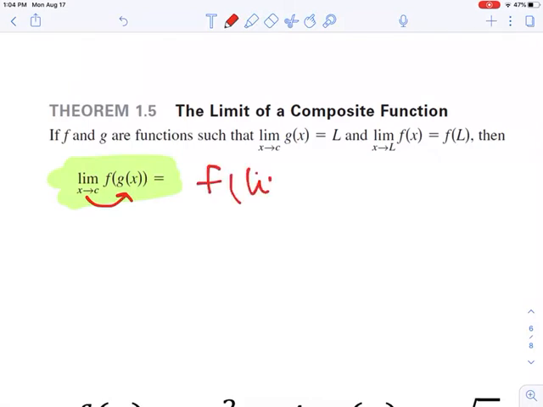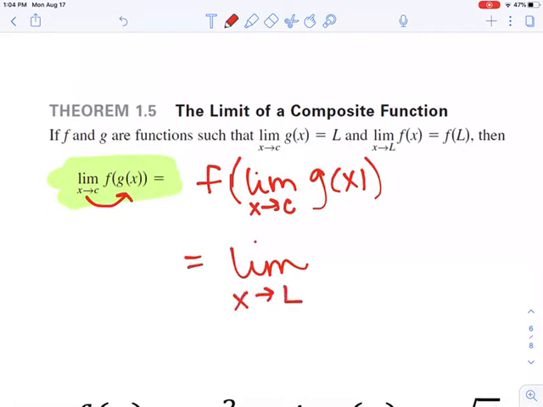I'm taking the limit as x approaches c of g of x, and that's going to get you a value. And then that's going to become your next limit. So the limit as x approaches whatever that value was of your outer function, f. You can continue to take that limit, and then you can use direct substitution.